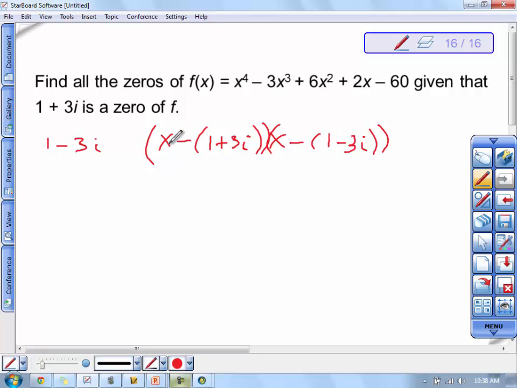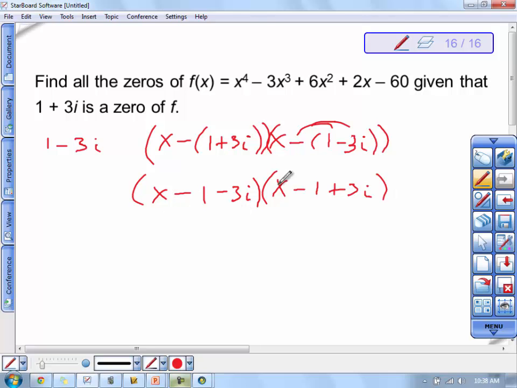Now, I could find the other two now by multiplying this out. If I multiply it out, I get x squared. Actually, let me FOIL or distribute the negative sign first, in which case I get x minus 1 plus 3i. And then distribute the negative sign here, x minus 1 minus 3i.